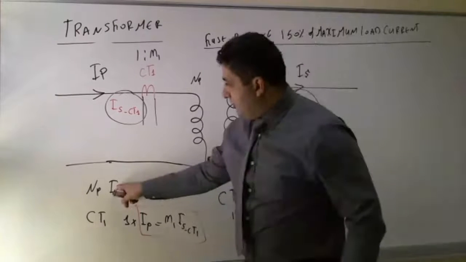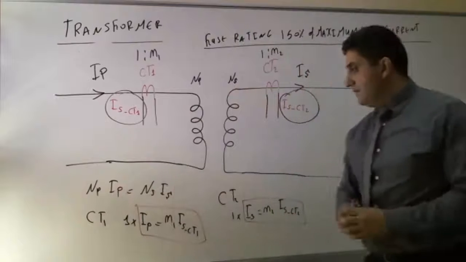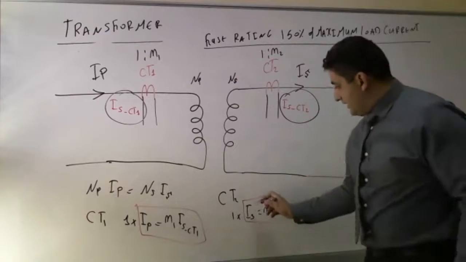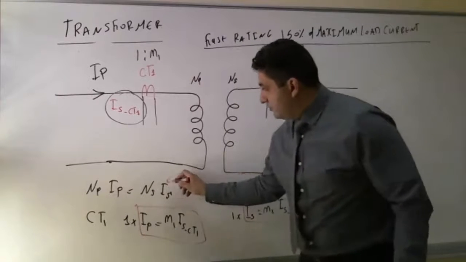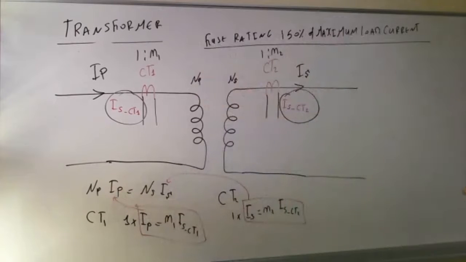If I replace I primary in here and I secondary into this, so I take I secondary, put it back into here, I take I primary into top, this will give me the following.